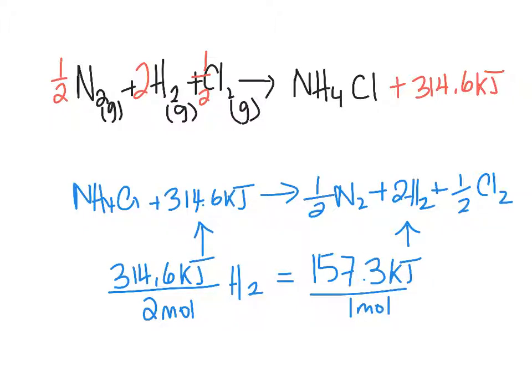Take that number and multiply it by the number of moles of hydrogen gas you form. You'll figure out how much energy you needed. So this is a delta H for H2.